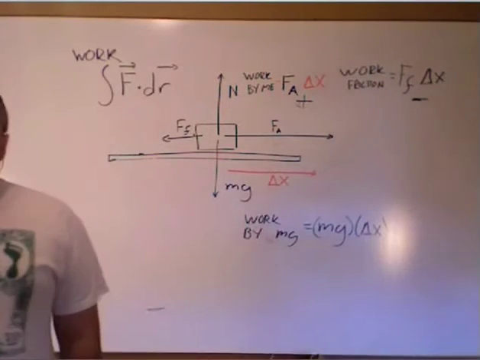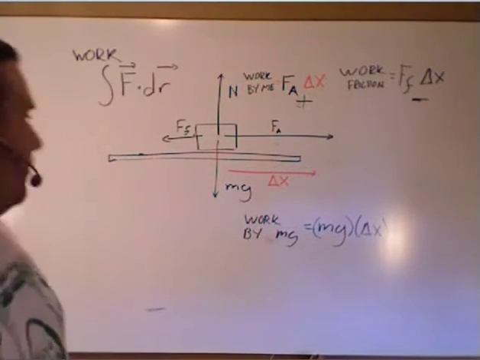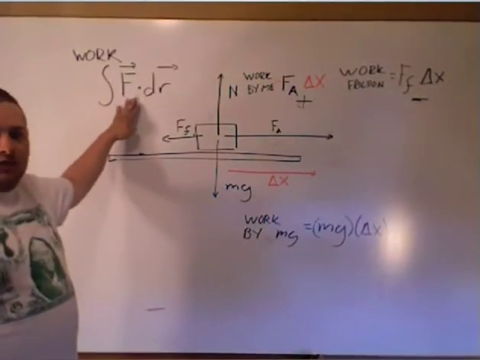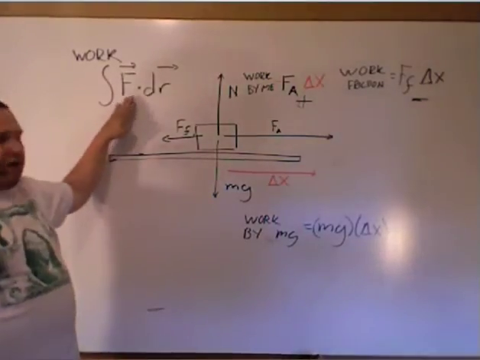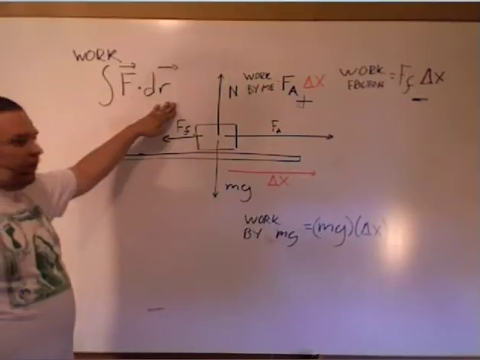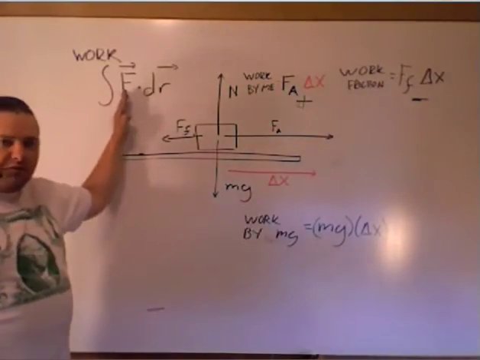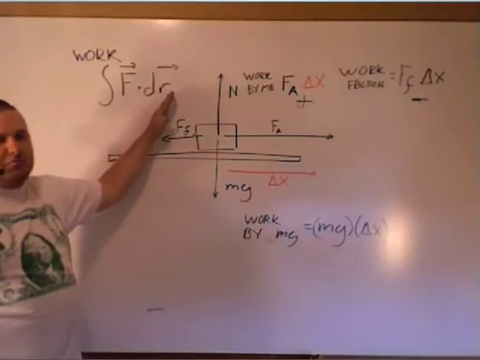But this is where the dot product comes into place. This F dot dr is referring to all the forces that are in the direction of that displacement. So when I do the multiplication, I have to keep track of only the forces that are in the direction of that displacement.